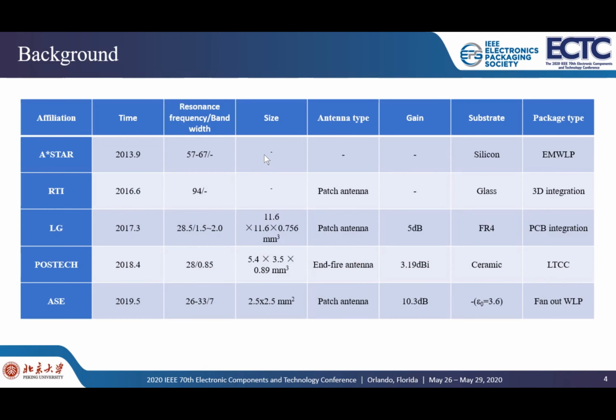Here are some published works about antenna in package. The PCB and LTCC integration have bigger size. As for advanced 3D integration, the Research Triangle Park in the US published a patch antenna working at 94 GHz, integrated on the glass.